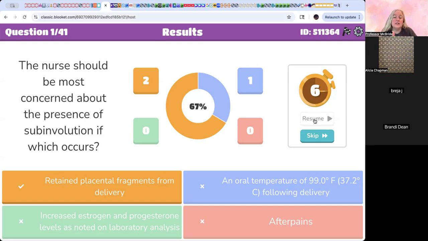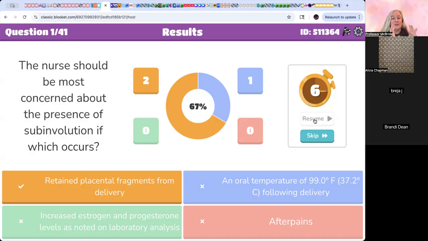An enlarging uterus. For normal involution, how much should the uterus go down each day? 1 centimeter. Mm-hmm. And so if you are assessing a patient and her uterus is enlarged, larger than you anticipate based on how many days out she is from delivery, that can be a sign.